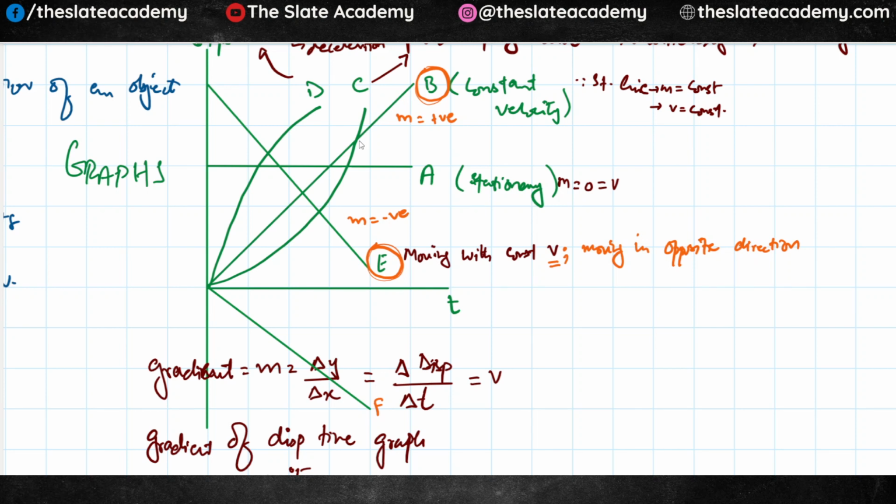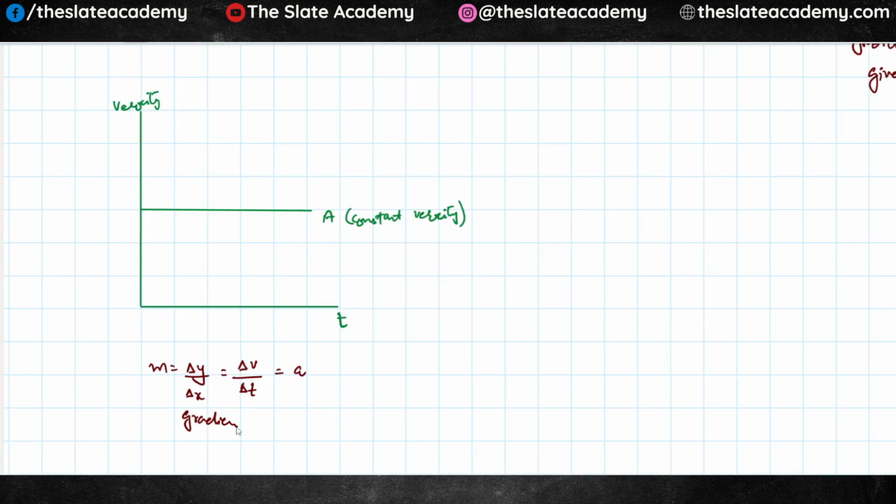So before moving further, let's also see the gradient. Again, m is delta y over delta x, which in this case is change in velocity over change in time, which is acceleration. Therefore, the gradient of a velocity time graph gives acceleration. Do we agree? And over here, constant velocity, because m is 0.